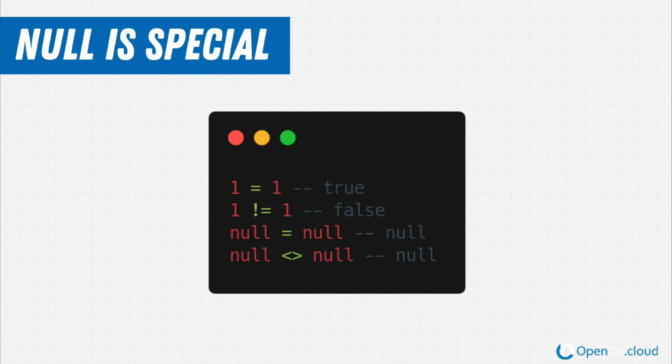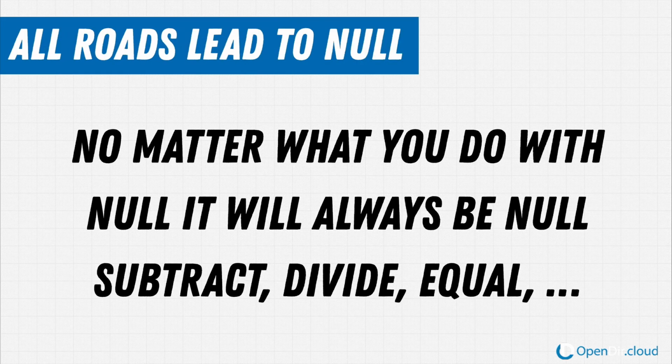What effect does that have? Well, all roads lead to null. No matter what you do with null, it will always be null. If you subtract, if you divide, if you do equal, if you try to do something with a null value that we've learned, if you have null values and you're trying to do an average, for instance, you're going to get back null. Null can be one of those nasty side effects.